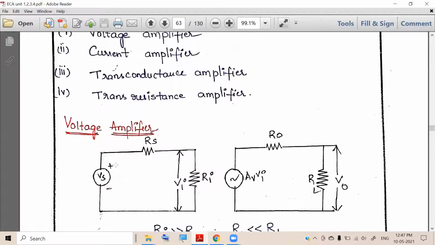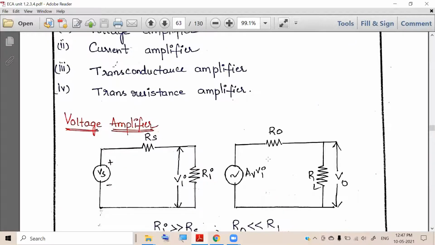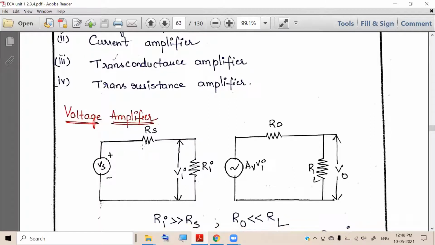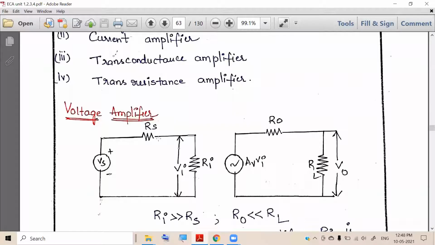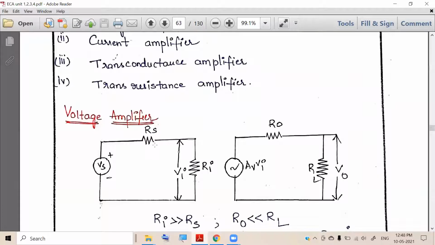When can we neglect the loss here? So first let us take the current is II. Current flowing in this loop, let us call it II.